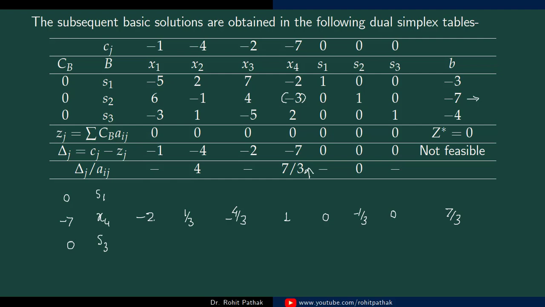Okay, so this is the new, modified row, when we divide all the elements of the key row by -3, the key element.